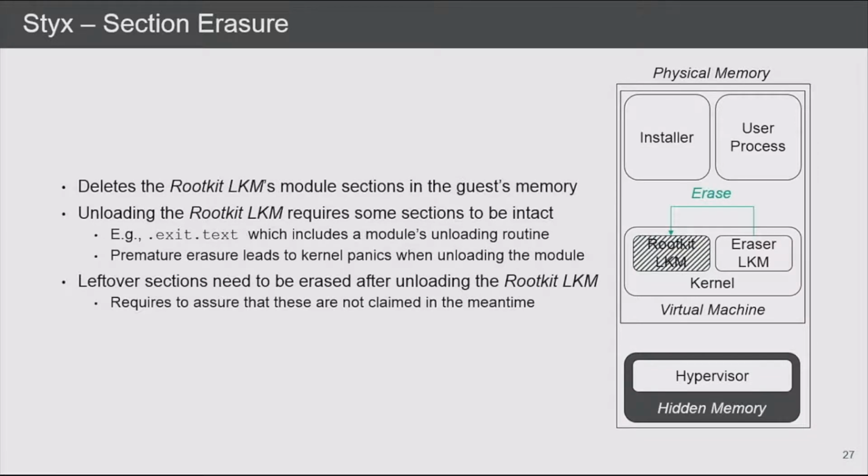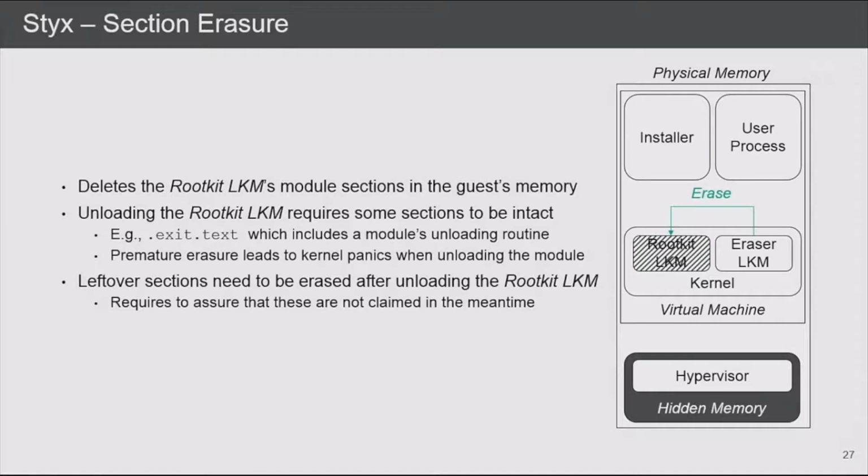So we have to watch out because there are a few sections that we are not allowed to overwrite until the Rootkit LKM has been unloaded. This is, for example, the .exit.text section because it contains code that is necessary for actually unloading the module. And of course, any premature erasure would lead to instant kernel panics as soon as we try to unload it.